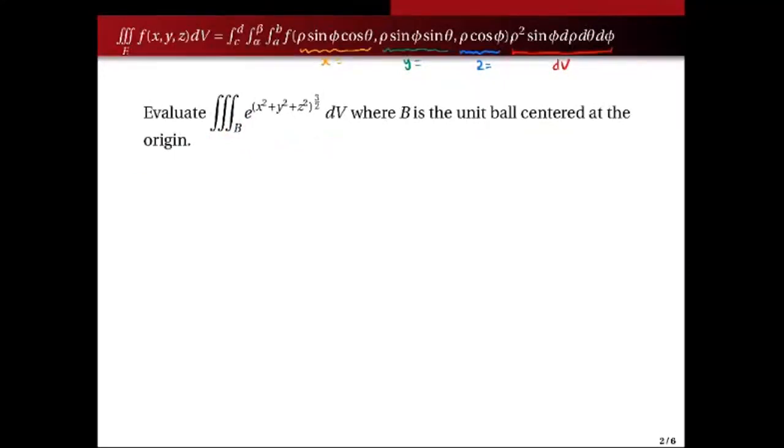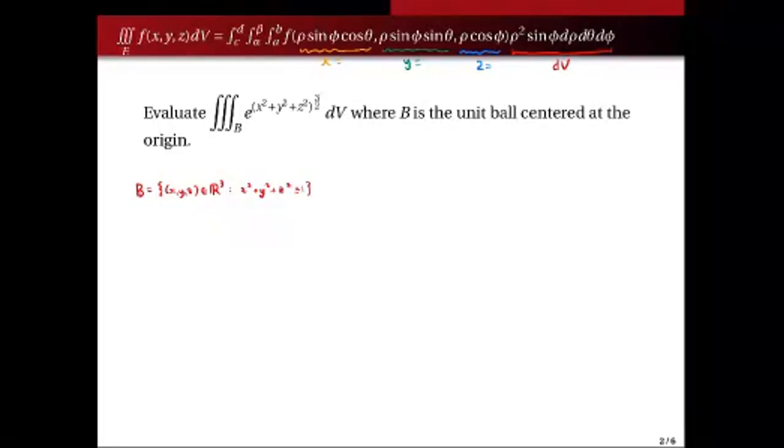So your B here is the set of all x, y, z in R3 such that x squared plus y squared plus z squared is less than or equal to 1.